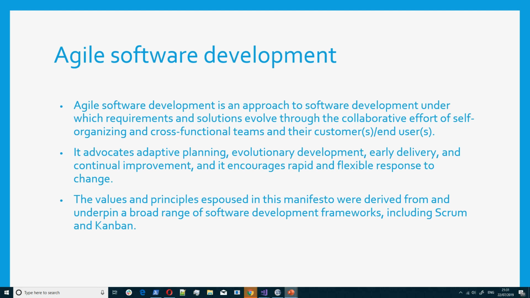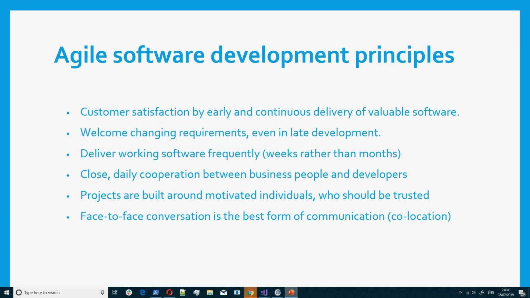And the new concept, which they call Scrumban, is basically combining Scrum and Kanban. But this particular training this evening is going to focus on Scrum. But before we do that, we need to look into Agile principles.